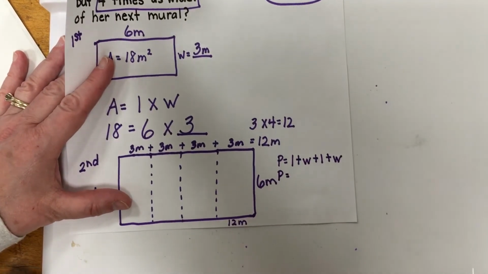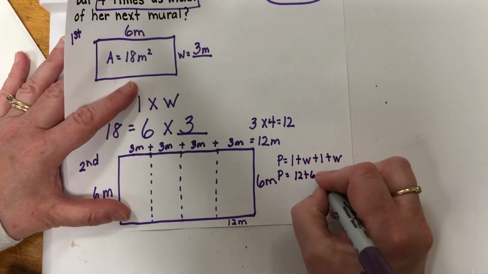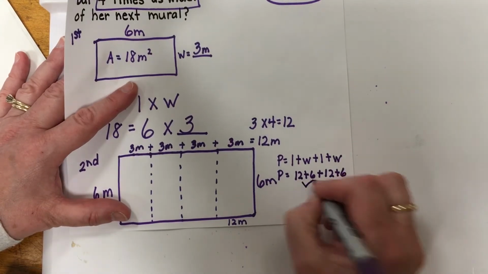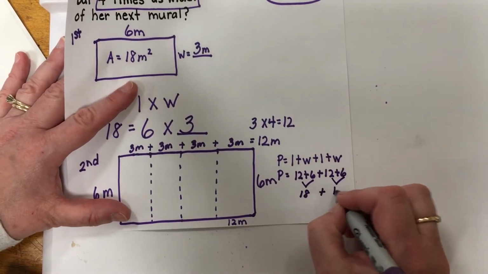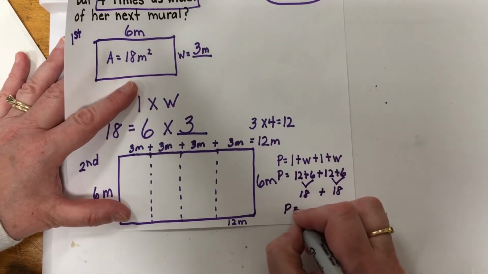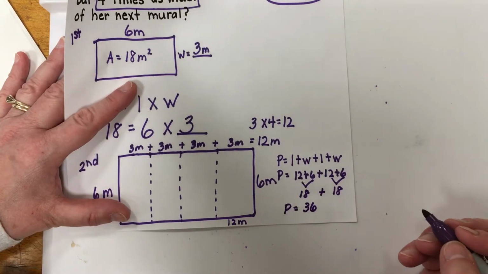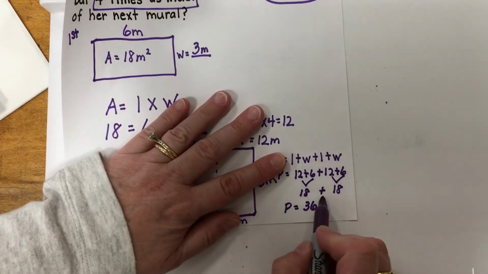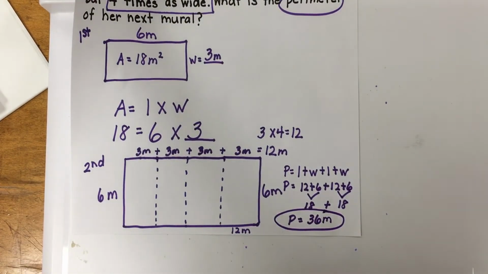I plug in what I know. I've got 12 plus 6 plus 12 plus 6. 12 plus 6 is 18. 18 plus 18 is 36. And because it's perimeter, it is meters. And that's how I solve problem 3.